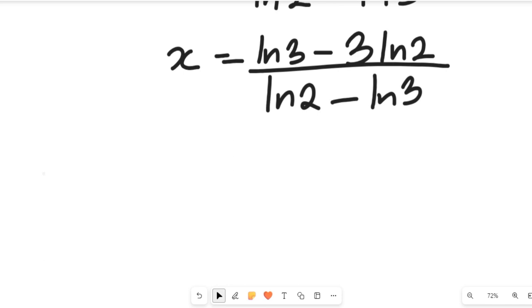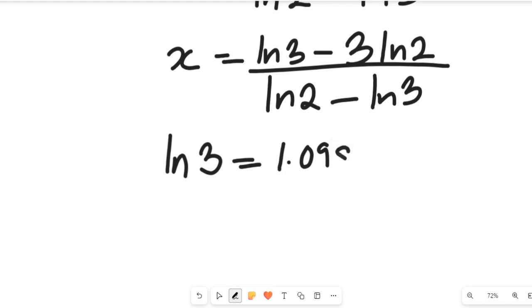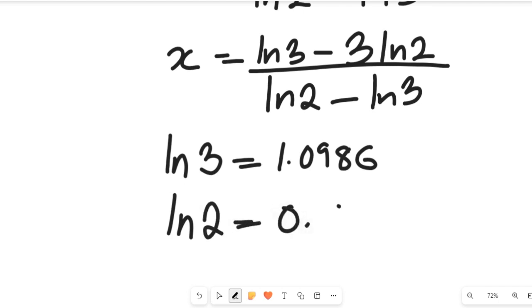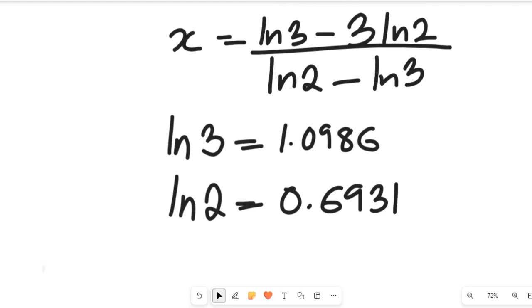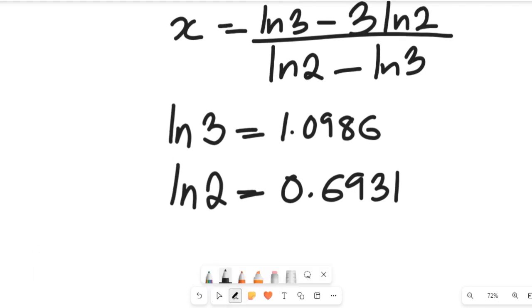Now, if we point our calculator or you check the logarithm table, ln of 3 will be equal to 1.0986, right? And then ln of 2 will be equal to 0.6931.